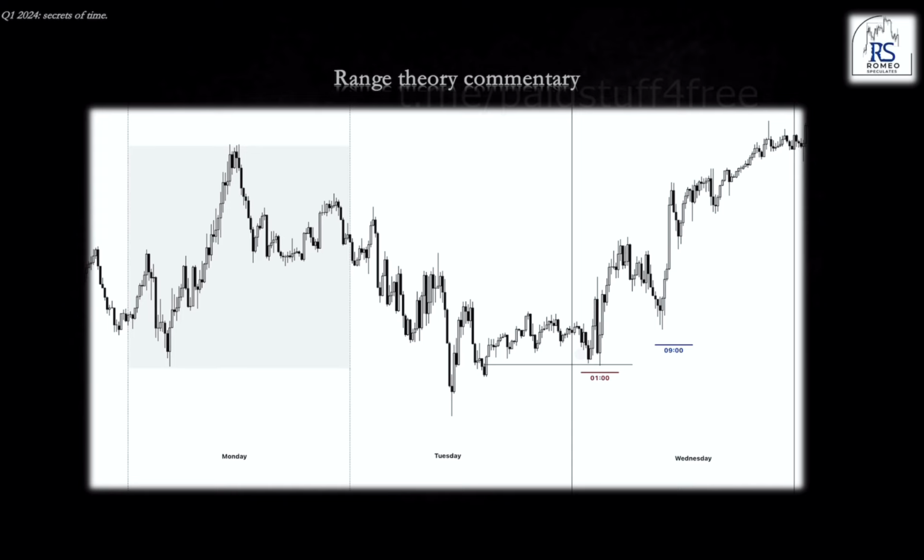Another thing is this Monday range. This is a classic Monday low to high model, right? That is by itself a time-based model, which is discussed in depth in level 2, the advanced version. The basic premise is Monday, Tuesday takes out the low of Monday, does not break below it.